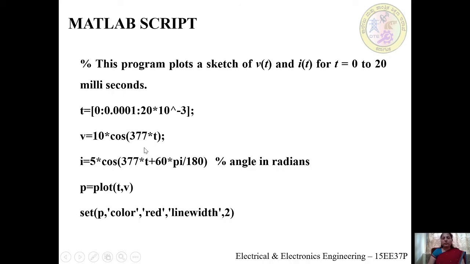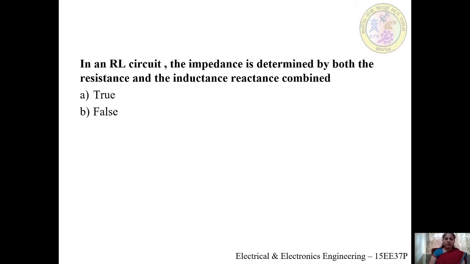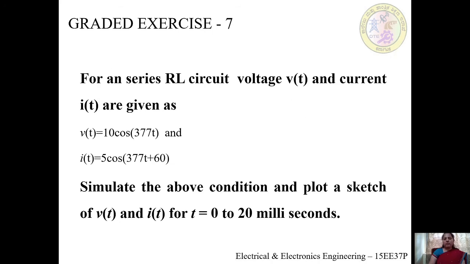10 cos of 377 t. Here syntax becomes very important. So here in the question they have not used any operators, but we need to put the operators between 10 and cos and also between 377 and t. There should be multiplication operator here. Otherwise, it's going to give an error.